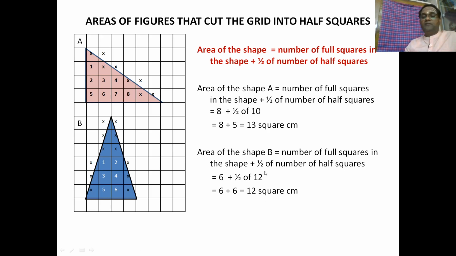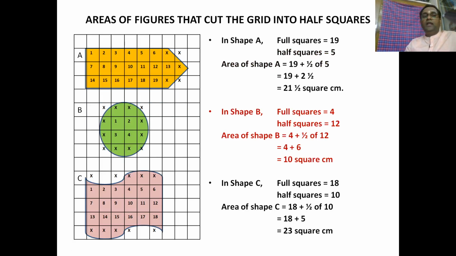The number of half squares are 12. Half of 12 is 6. So 6 plus 6. Full squares are 6. Half squares are 12. So half of 12 we have to make. So half of 12 is 6. We add 6 plus 6, we get 12 square centimeter.